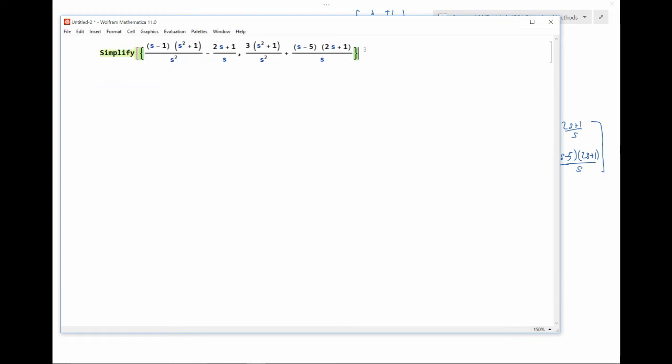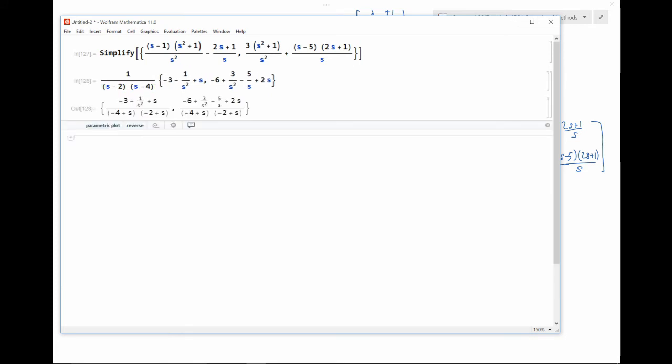I'm going to use a simplify command to make these expressions a little bit simpler. Now this needs to be divided by 1 over, and the bottom is factored out into s minus 2, s minus 4. This might be too much to look at, but let's do the partial fraction decompositions for each one of those terms.